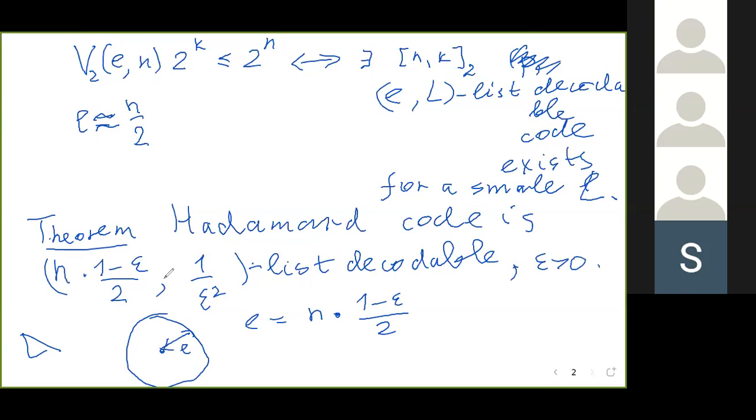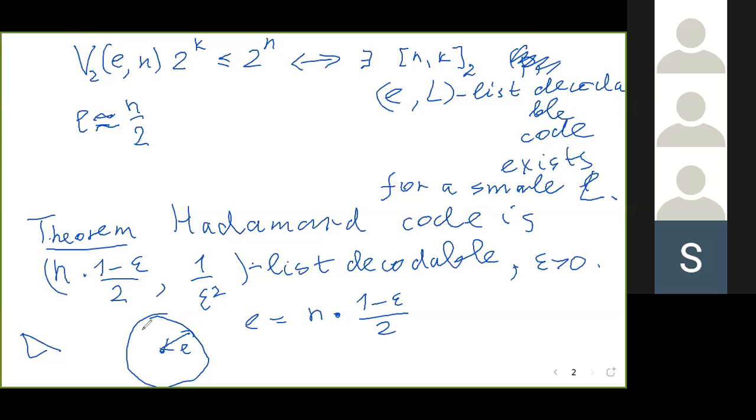For example, if epsilon is 1%, we consider the number of errors which is larger than 49%. So consider such a ball.